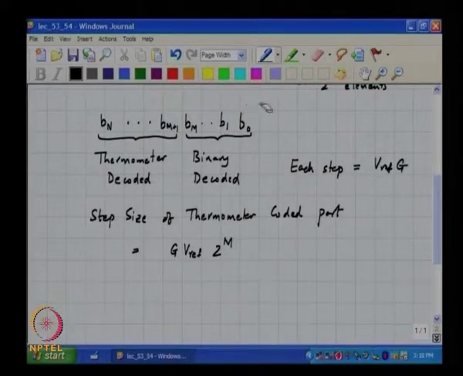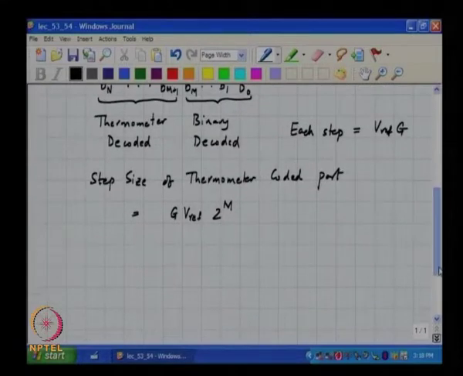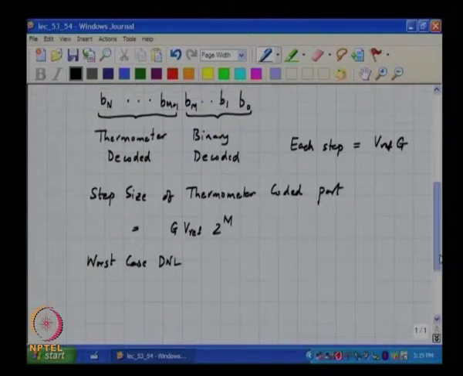Now, when do you think you will have the worst case DNL? Pardon?